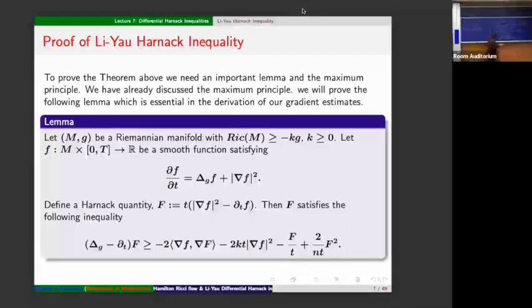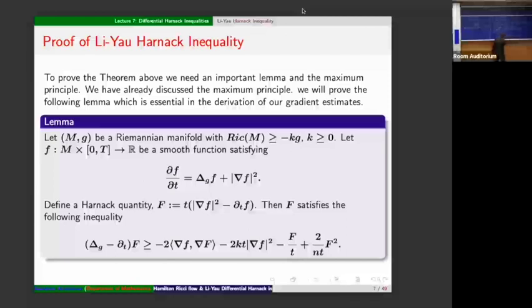We just substitute minus f over t here, and here we have minus f over t. Substituting that, you will have this together with the condition that this will be greater than or equal to minus 2k.